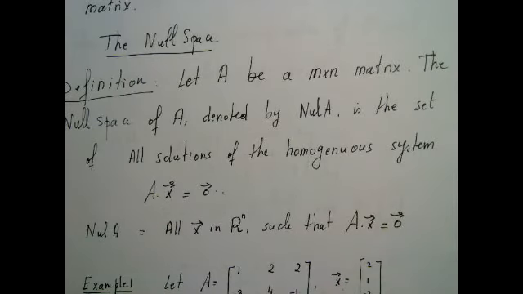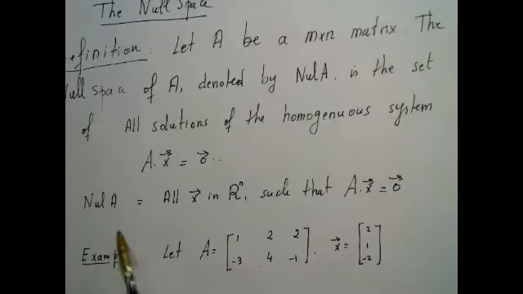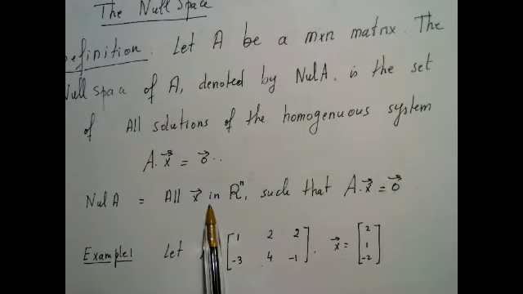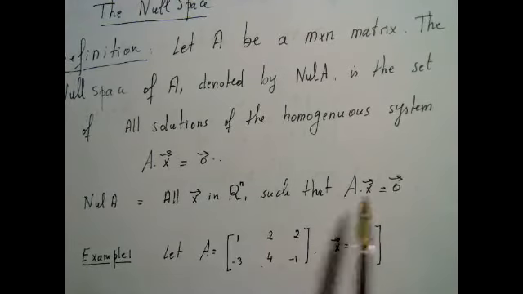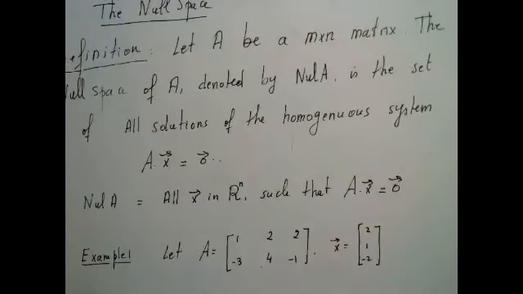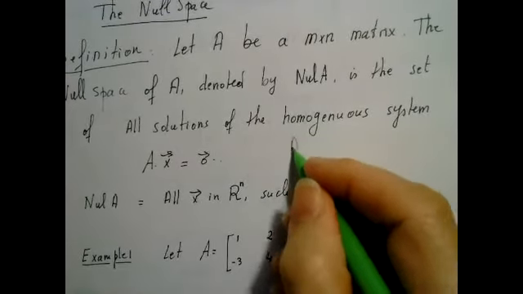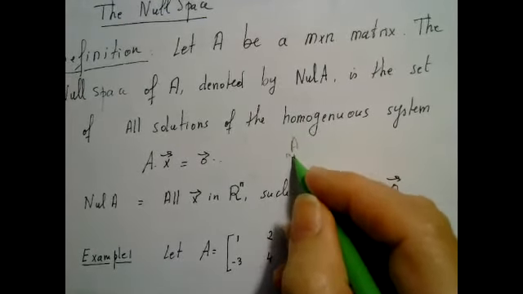Now we are in more familiar territory. The null of A is all the x's, and let's see why it's in Rn here. All the x's such that A times x equals 0. And why did I say Rn? Because suppose A is m by n.